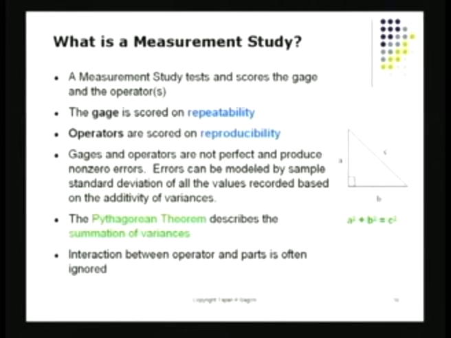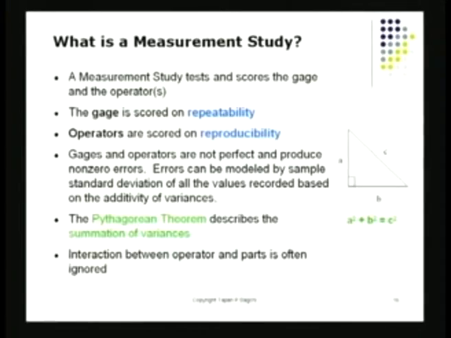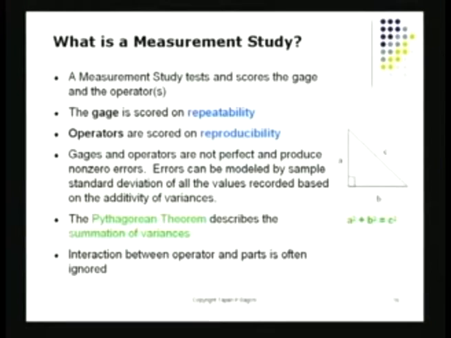Now, there is something very interesting, of course. In most cases, these different factors, one of which was reproducibility, the other was repeatability, many times their effects do not interact. And that's a really, really good thing for us, because it allows us to utilize a principle that we learned back in high school, the Pythagorean theorem.